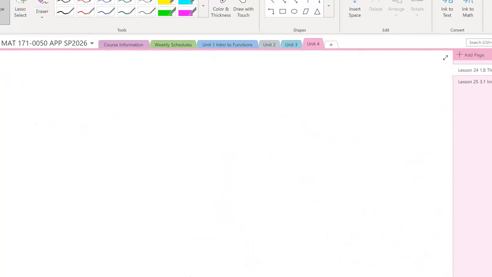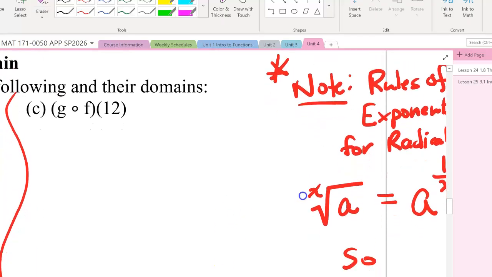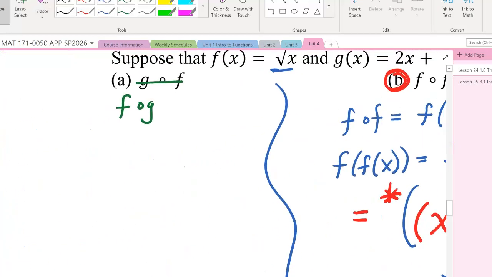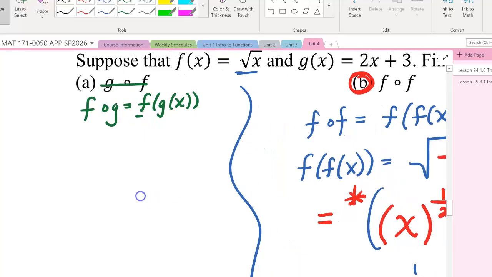So remember, we can write this as f of g of x, which means f becomes my template, and so that's going to be the square root of, but then wherever x was, I'm going to replace that with g of x, and g of x is 2x plus 3. So there's the composed function.